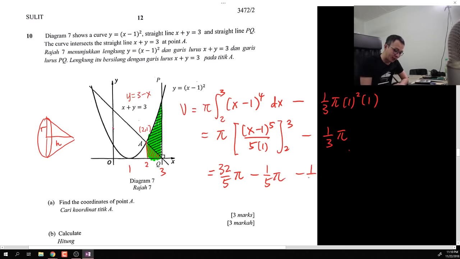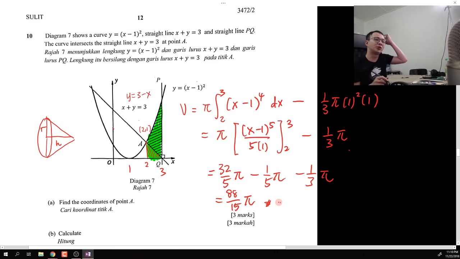And then minus 1 over 3 pi. Then you just use a calculator. This is 31 over 5 minus 1 over 3. So you should get 88 over 15 pi. Alright, this is how to do this kind of question.